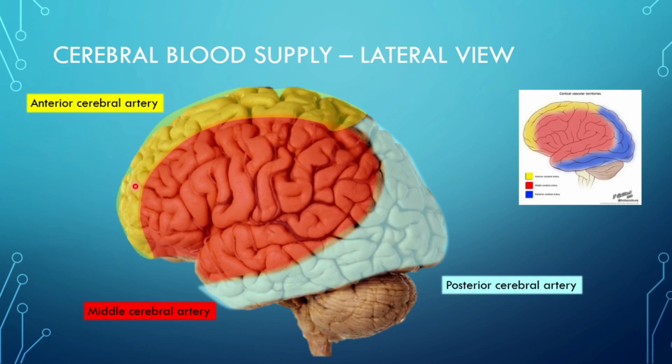Now the exact demarcation lines between anterior cerebral and middle cerebral, etc., may be slightly different from person to person, but the general pattern tends to be the same. Again, there can be exceptions to the rule. There's always exceptions to every rule, but for the most part, that would be true.